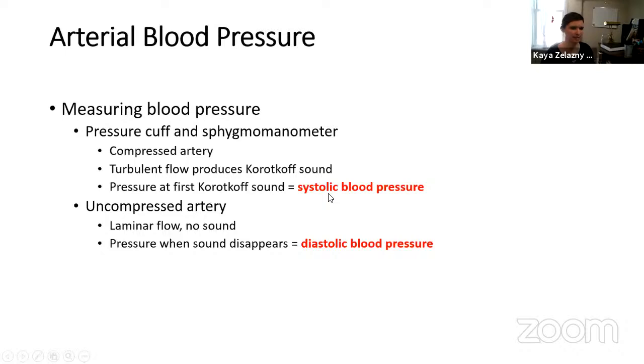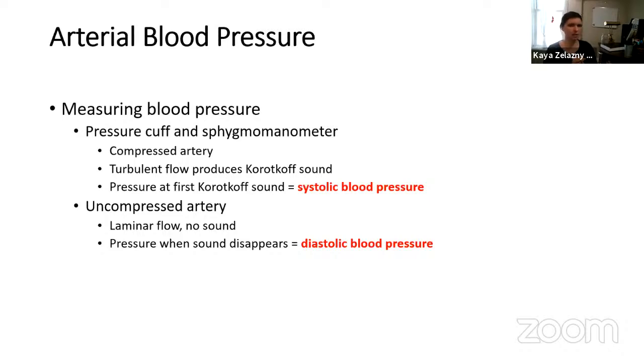And we mark that down as our systolic blood pressure, right? So that's where we have the pressure coming from your artery equivalent or more than the pressure in the cuff. And we keep listening and we keep releasing pressure in the cuff because laminar flow, which is just like smooth flow, nothing interrupting it, has no sound.